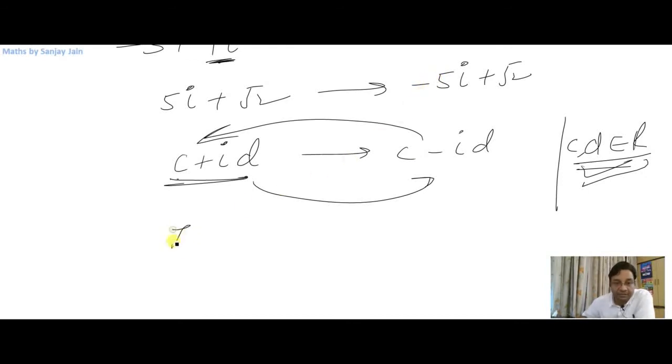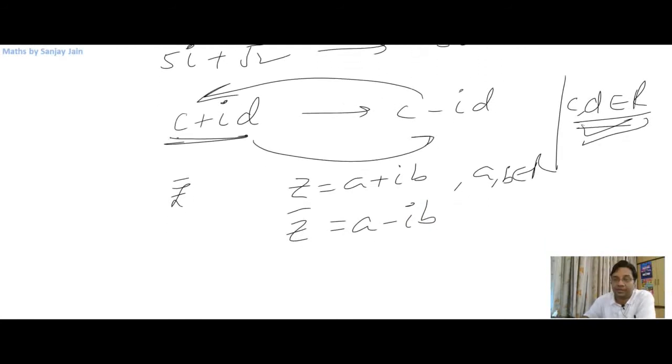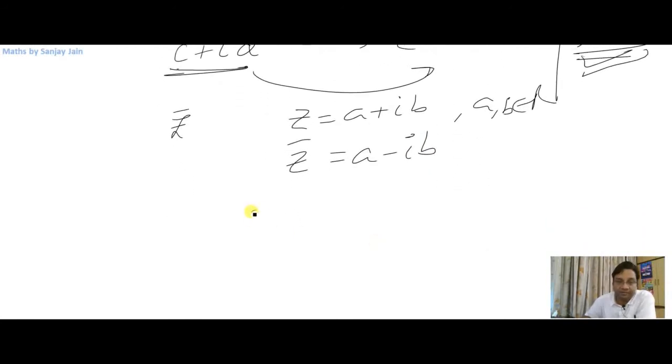And if z is a complex number, its conjugate is denoted by z bar. So if z is equal to a plus iota b, where a, b belong to real numbers, then z bar is equal to a minus iota b, right? And if you add z plus z bar, the iota b will get cancelled.